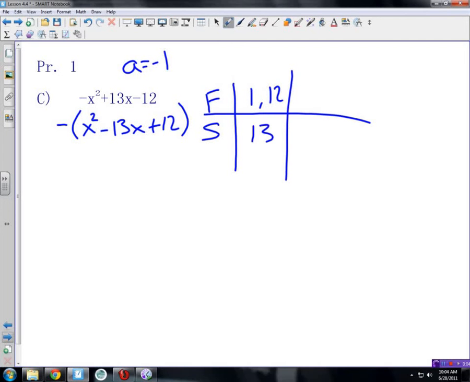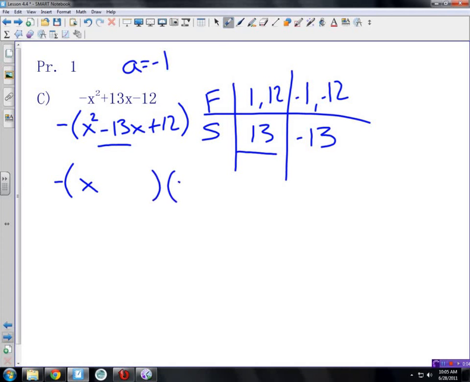Well, hopefully you can notice that negative 1 times a negative 12 is still a positive 12, but negative 1 plus negative 12 is negative 13. So we're going to split our x's. We have a negative 1, negative 12, so that's going to be negative 1, negative 12. And it's factored. Again, it doesn't matter if the negative 1 goes first or the negative 12 goes first. It's your choice. So that's problem 1, part C.